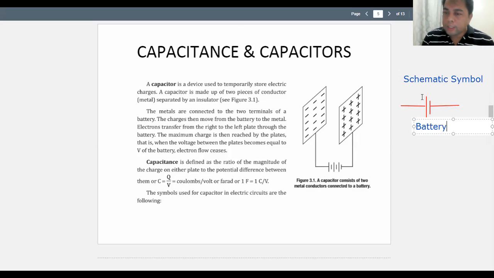Now, the positive side again is the long line, while the negative side is this shorter line. So this is what we call a direct current battery. Now, our capacitance again can be calculated by dividing Q over V.